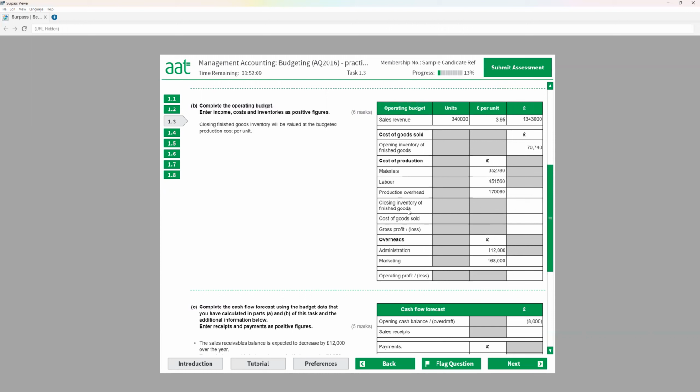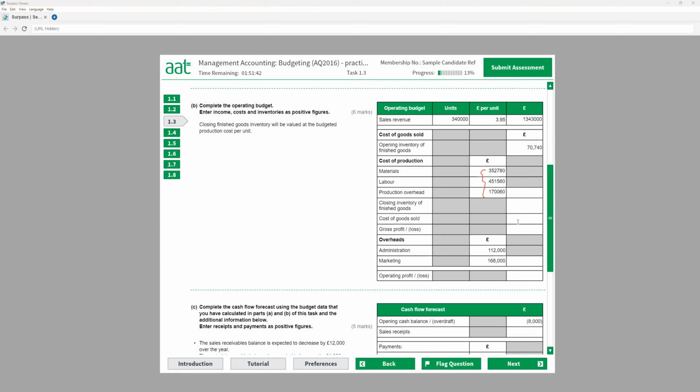Okay, now we have a closing. The question said the closing finished good inventory will be valued at the budgeted production cost per unit. So we need to look at how much is the budgeted production cost per unit. So how do we do that? We need to add these three first to find out the total here. And this will help us to find the closing inventory value.